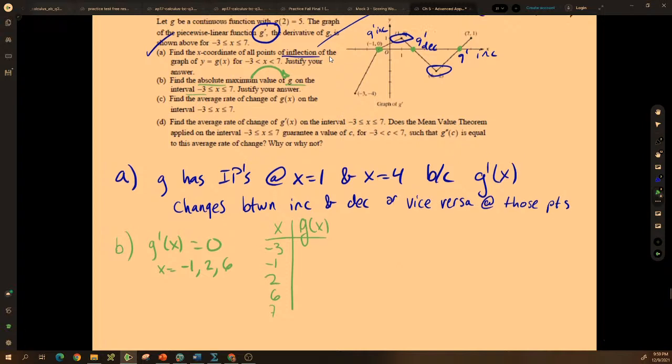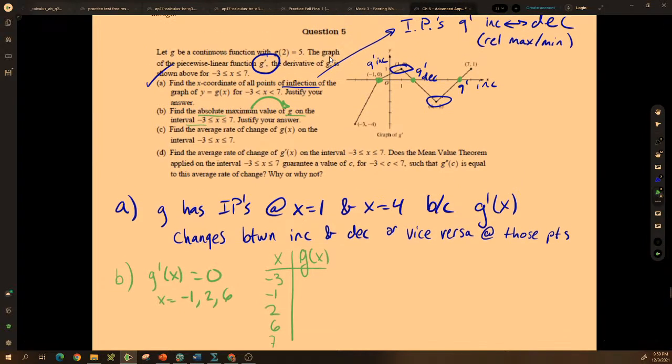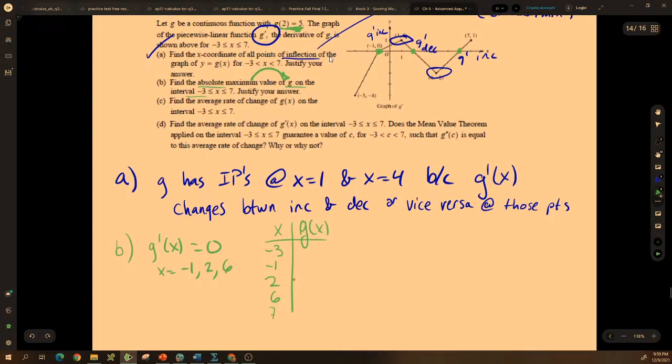And now this part is a little bit tricky, but they started us off by saying g of 2 is 5. So I know that g of 2 is 5. How am I going to figure out g of -3? Well, g of -3 is g of 2 plus, if I want to go backwards from g prime to g, we take the integral.